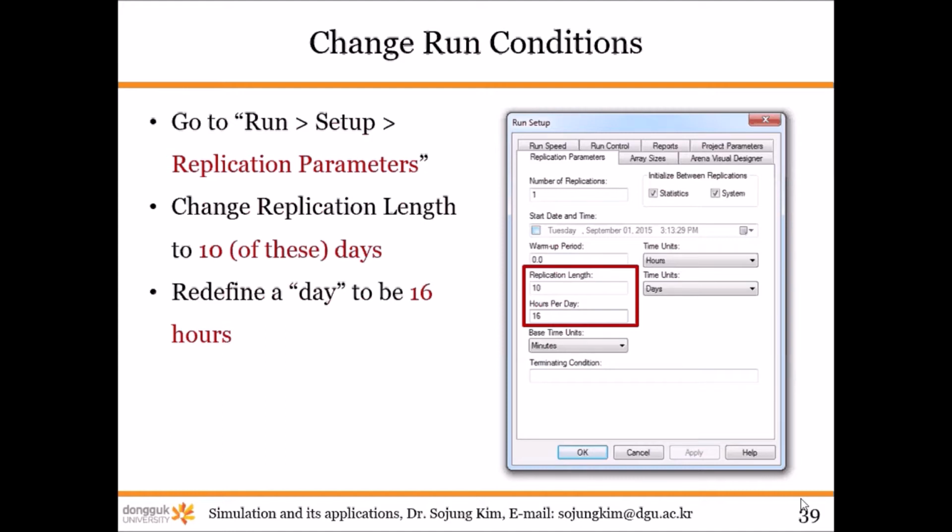So change the value to 10 here, and also change the time unit, and define the day to be 16 hours. Hours per day should be 16. Why? Because we have 2 shifts, and each shift is 8 hours.